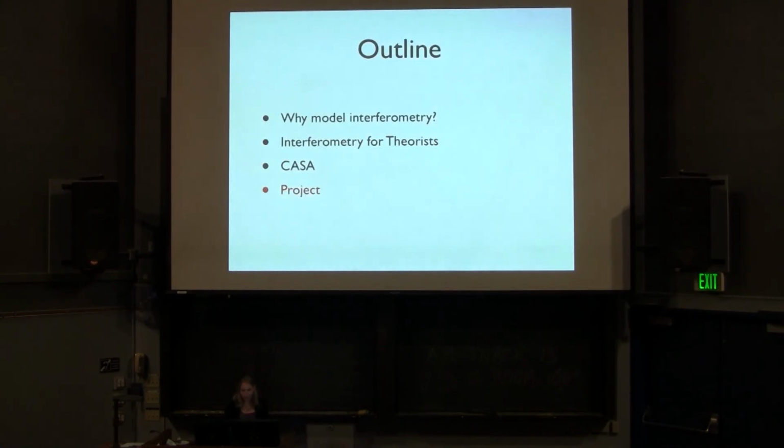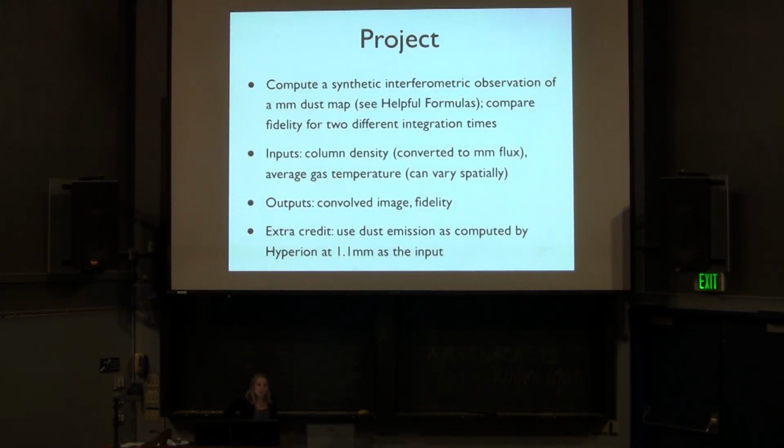OK. So moving on to the suggested project. Pretty straightforward. Take one of the simulations you have done over the course of this workshop, and I suggest that you compute a kind of column density map, some kind of integrated continuum emission map.